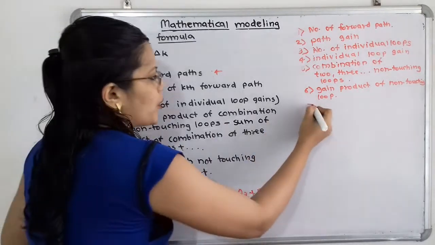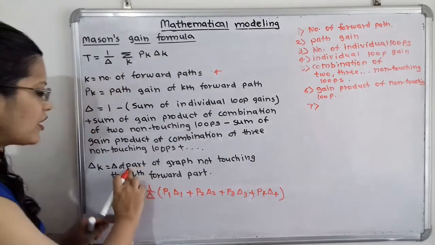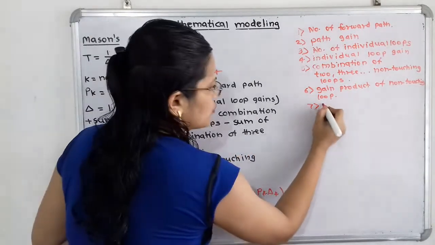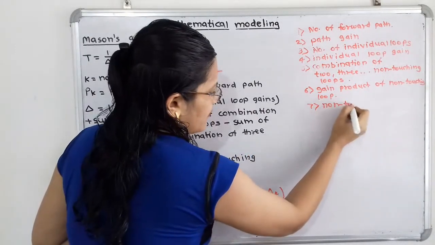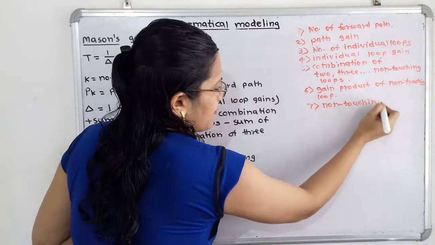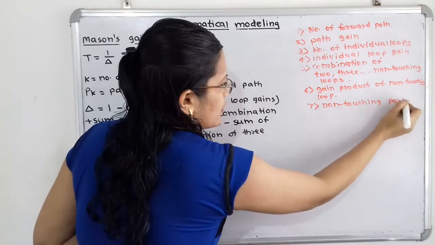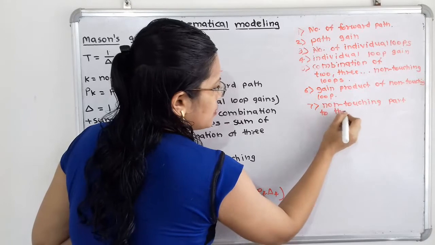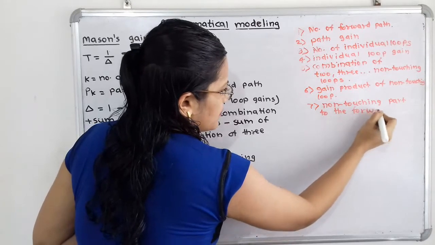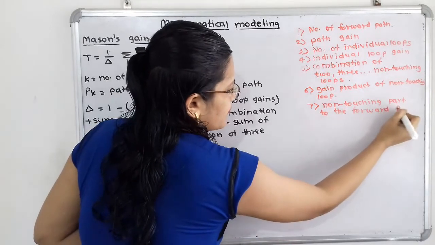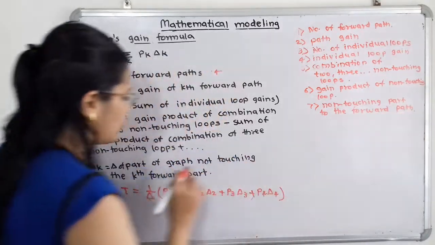So the seventh and last point that we have to find out is the part of the graph that is non-touching to the forward path, and that is nothing but the value of delta k.